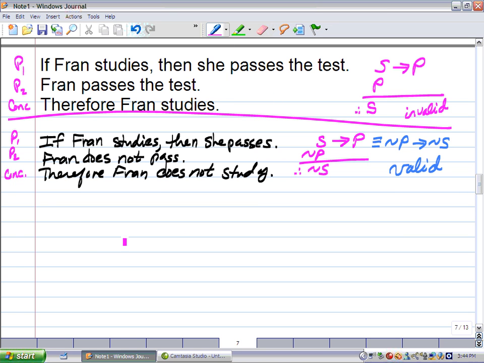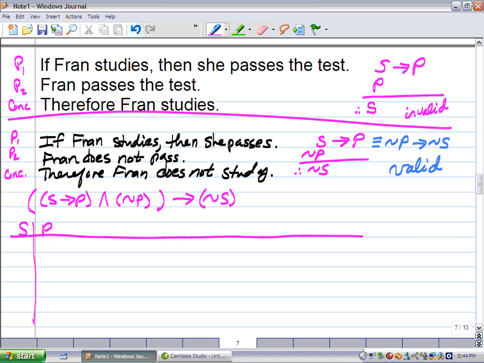But if we do a truth table, the first premise is S implies P, and the second one is not P. So if we put those all together with the and in the middle, and see if that implies the not S. So we have two letters, S and P, and so we have four possibilities, true, false, and true, false.